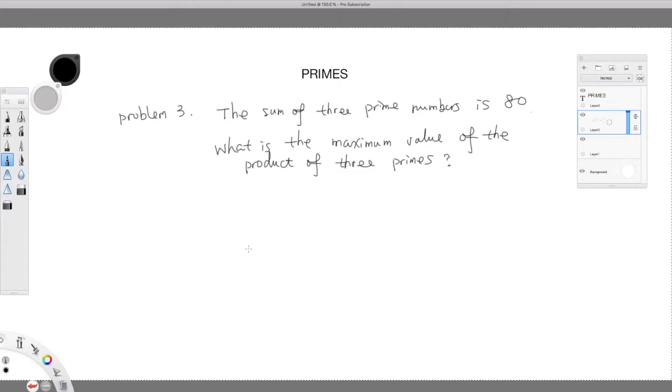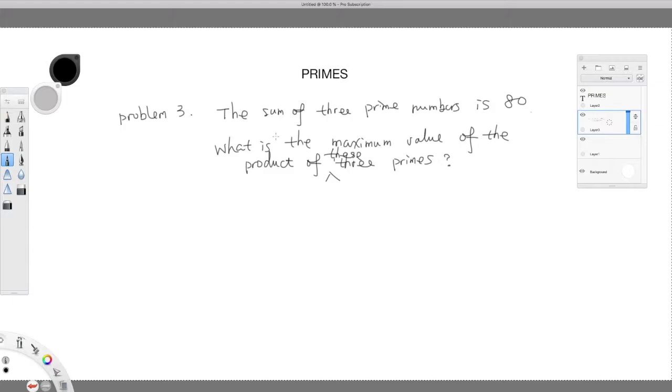The sum of 3 prime numbers is 80. What is the maximum value of the product of these 3 primes? All right, so we know that prime numbers, most of them except one, are odd numbers.